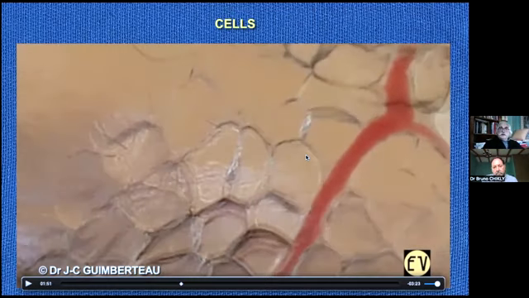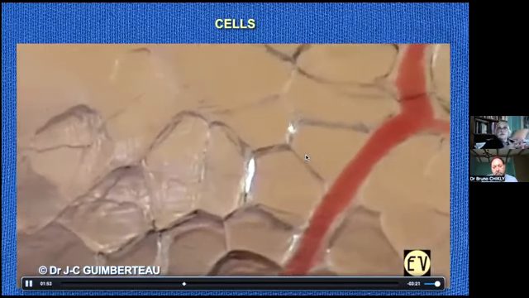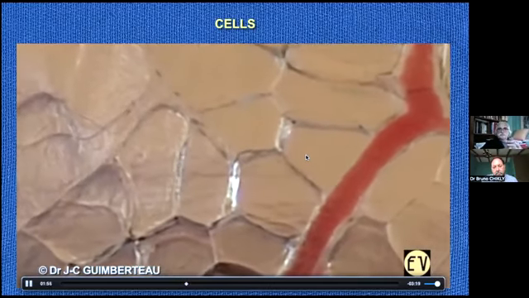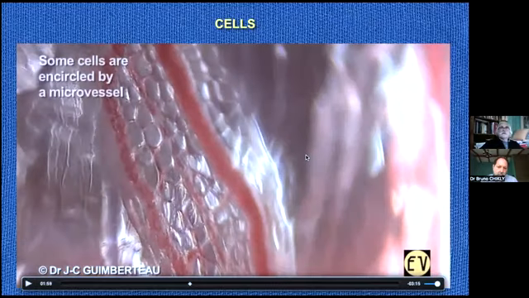You have an influence of the fibers on the shape of the cells. And here, this is again fibrocyte and arteries.